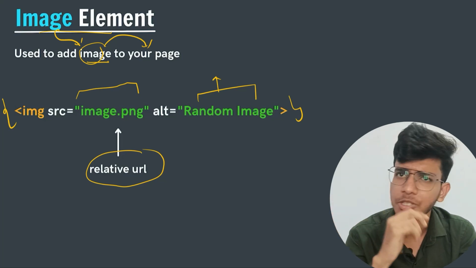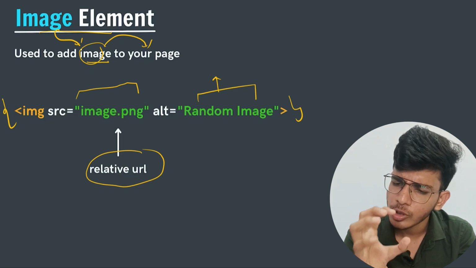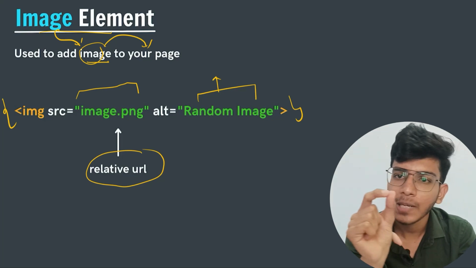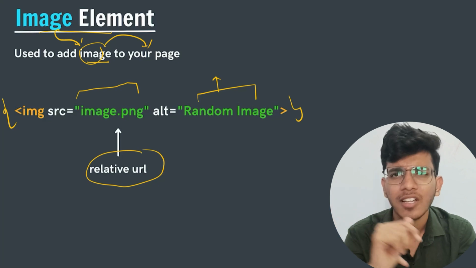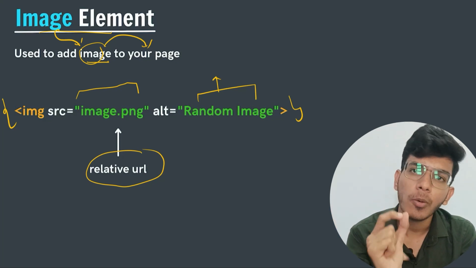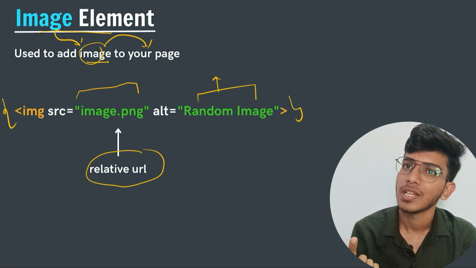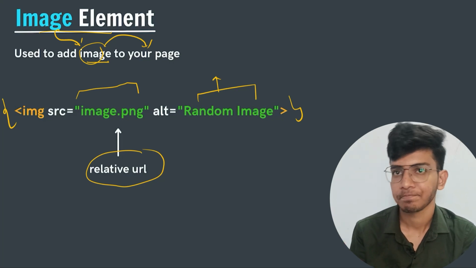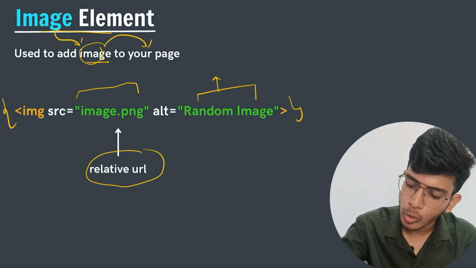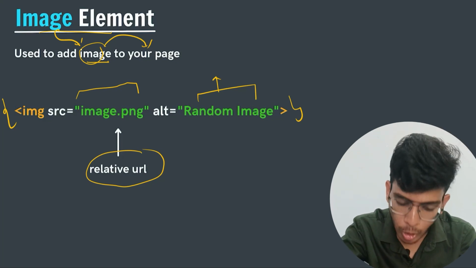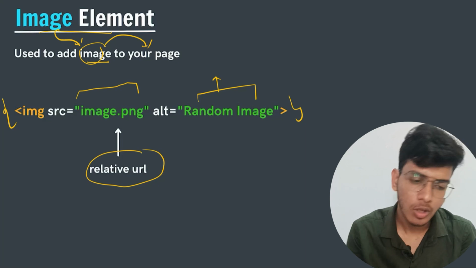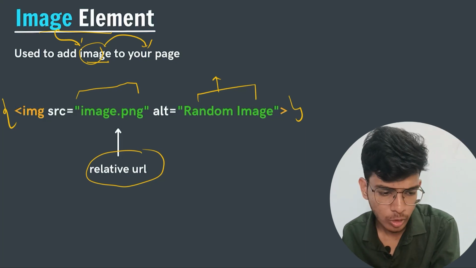For example, I am searching Batman, and if the internet is slow, then images will show Batman with Joker, Batman with Riddler, like this it will show. So if you want to represent the information about what this image is about, then you can use the alt attribute. Okay, and this alt text will only work when the internet is slow. Okay, so let me go back to my VS Code.